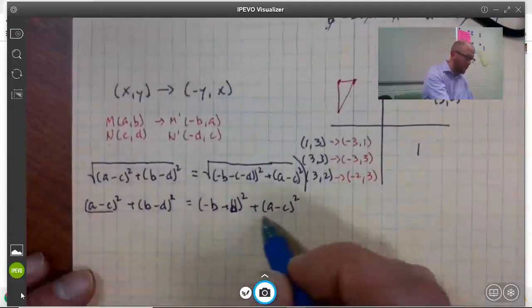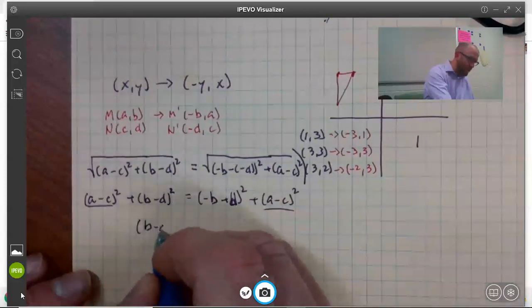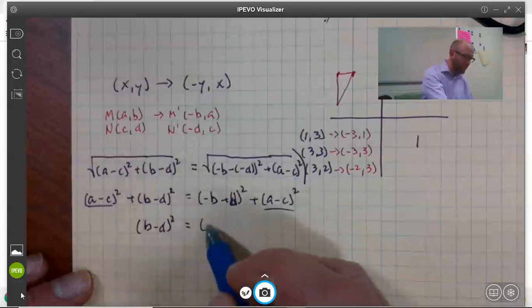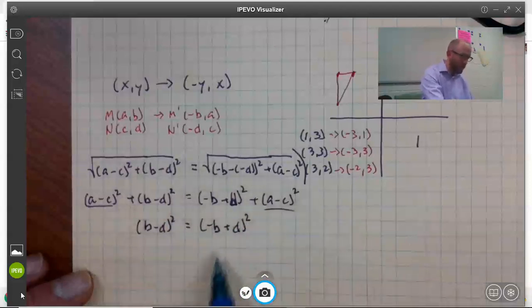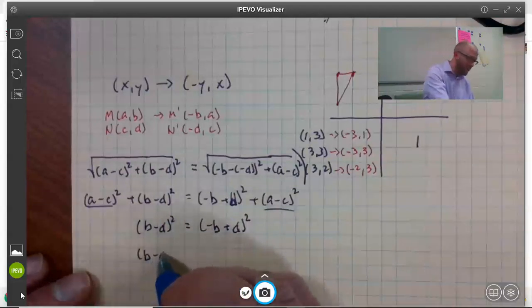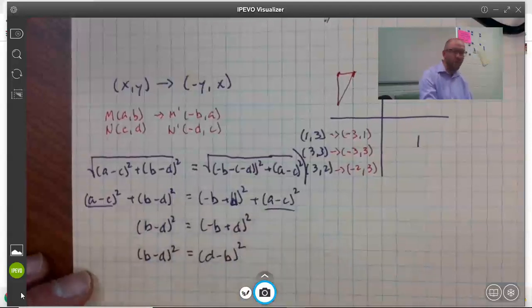And notice you have two of these, so we can take them away. So that leaves us with (B minus D) squared equals (negative B plus D) squared. And we can just flip these around again. (B minus D) squared equals (D minus B) squared.